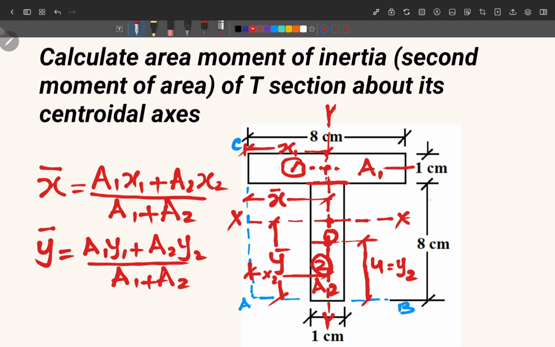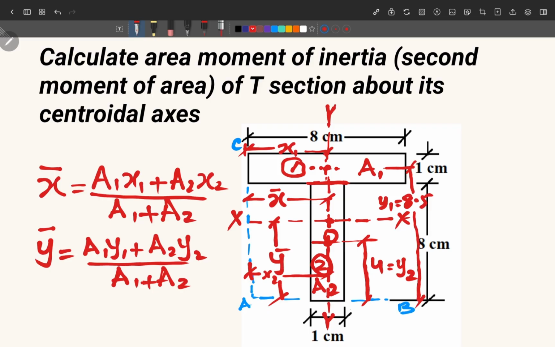So it will be 8 plus 0.5, that is 8.5, which will be your y1, and y2 will be 4.